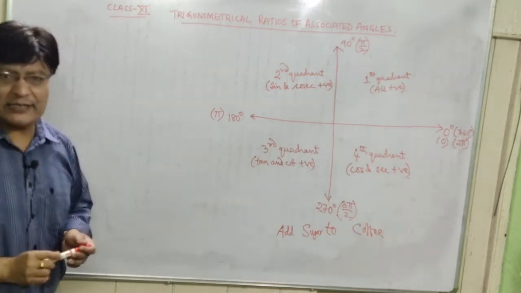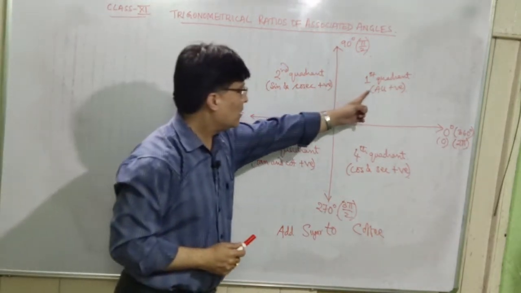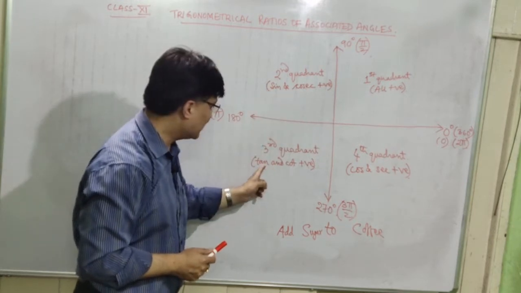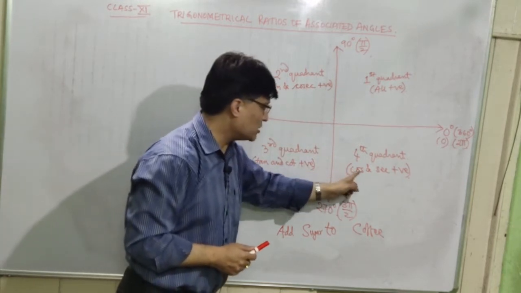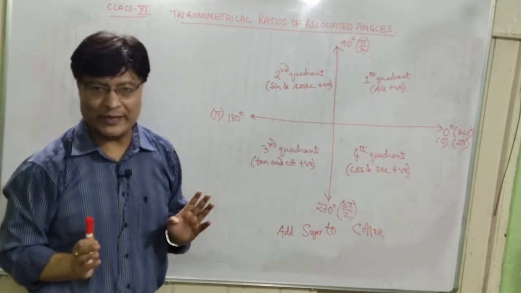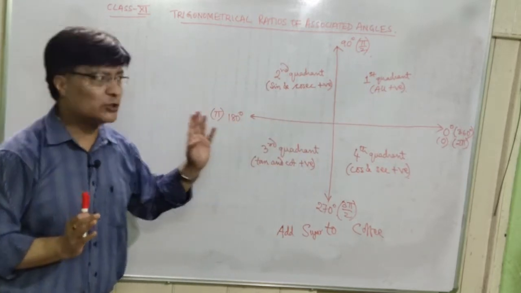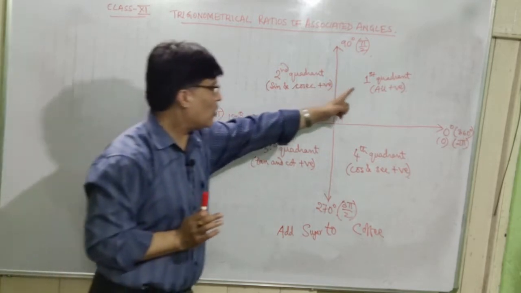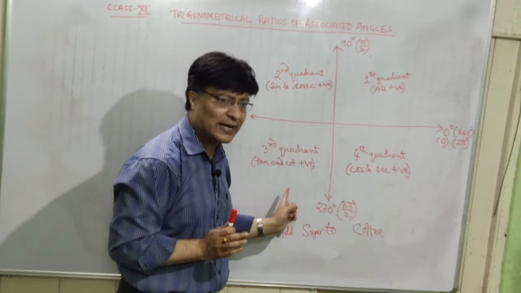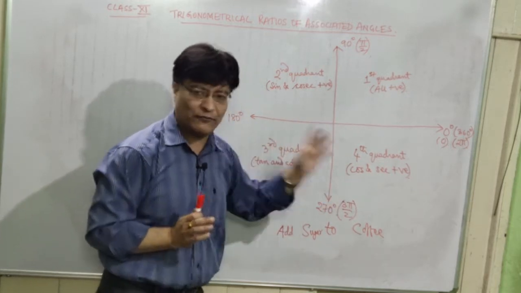A is all, S for sine is sugar, T for tan is to, C for cos is coffee. Add sugar to coffee. All sine tan cos.